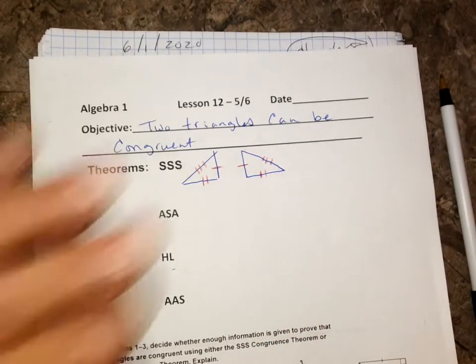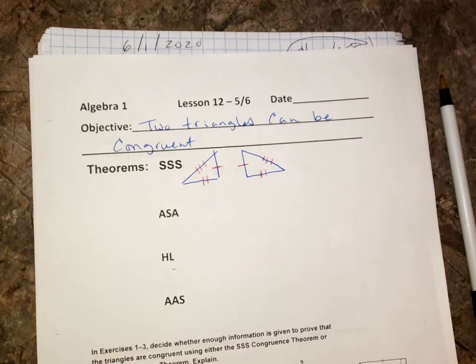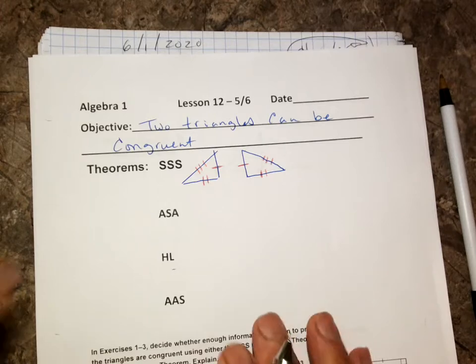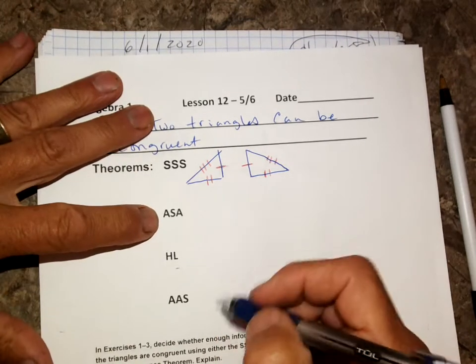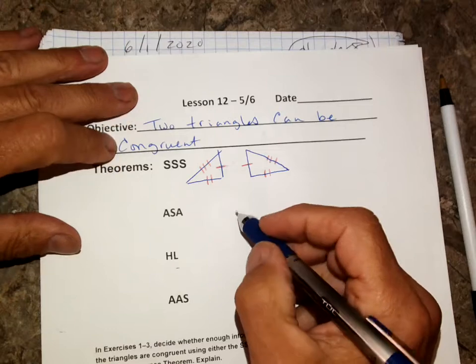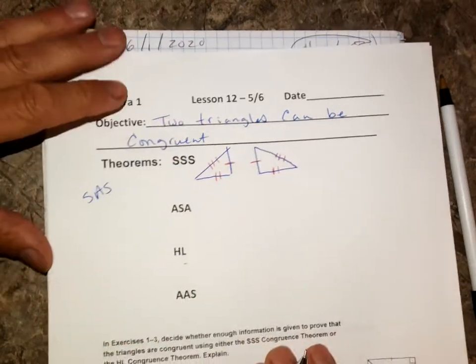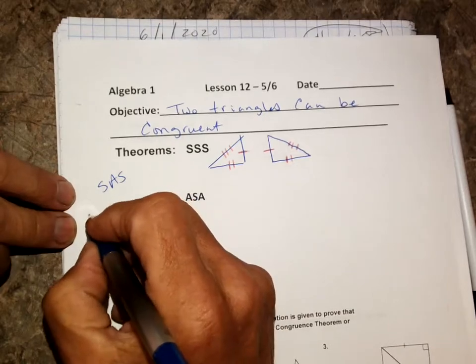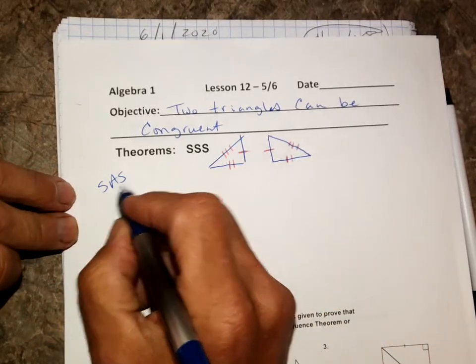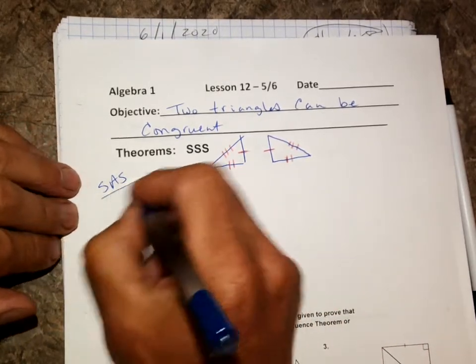You can say that these two triangles are congruent by side, side, side. We don't know anything about the angles, but we do know something about the sides. Angle, side, angle is different, okay? And we also had side, angle, side, which we learned the other day. Side, angle, side is if two sides and an inclusive angle are equal. So we learned that the other day.